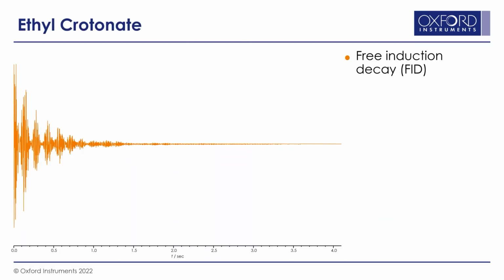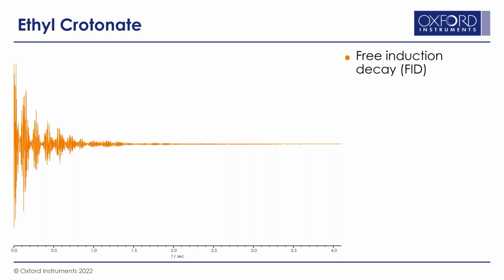The signal actually measured by a modern NMR spectrometer is the free induction decay, or FID. This is the sum of all the frequencies that make up the NMR spectrum, undergoing a pseudo-exponential relaxation over time. The study of these relaxation processes is known as NMR relaxometry and is an entire field in its own right, underpinning such applications as magnetic resonance imaging, or MRI.